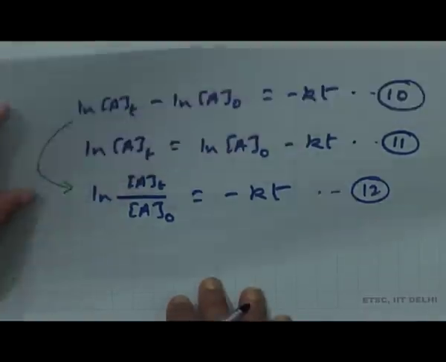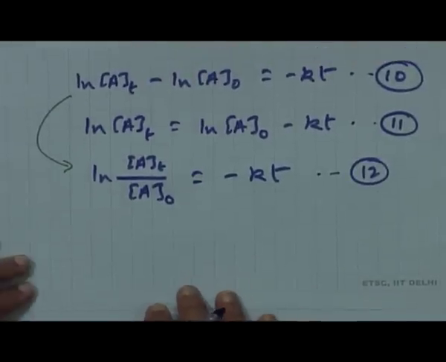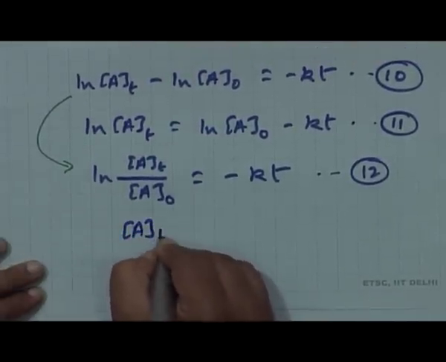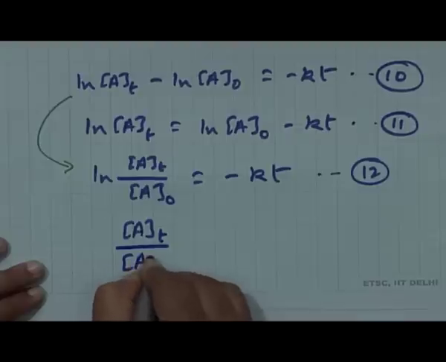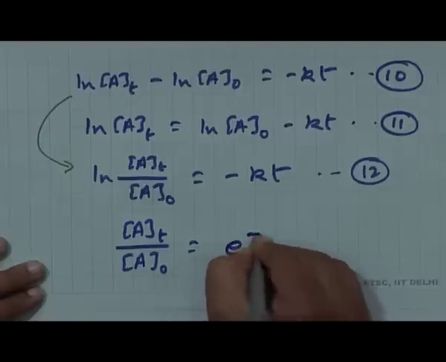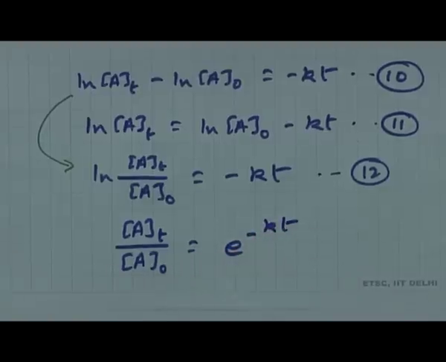And then what I can do is I can go ahead and write like this, A t over A naught is equal to e to the power minus K t, okay.